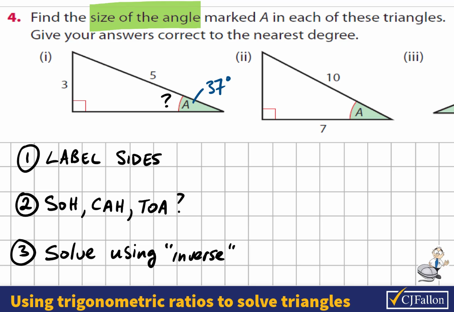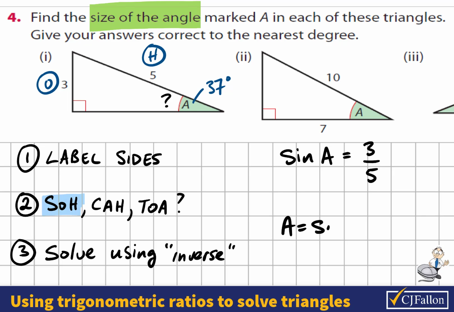So let's label the sides. Compared to A, this is opposite, this is hypotenuse. I'm looking at SOHCAHTOA and I'm thinking it's using opposite and hypotenuse. I'm going to use sine. So I would say sine of the angle A is equal to opposite, which is 3, over hypotenuse, which is 5. So then I say A is equal to sine inverse 3 over 5.